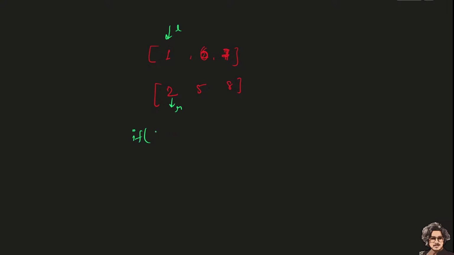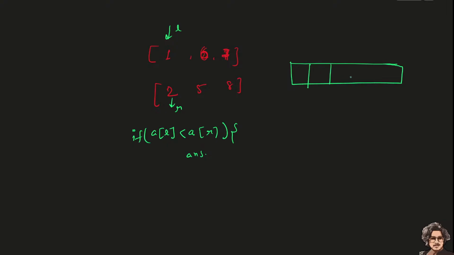If array of L is smaller than array of R, then in that case our answer box gets this value. So in this box we are filling this value.